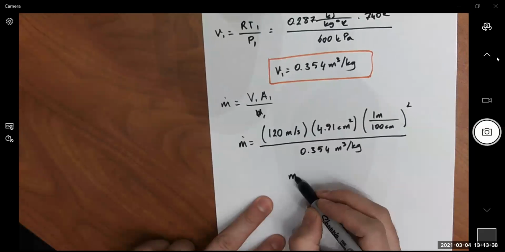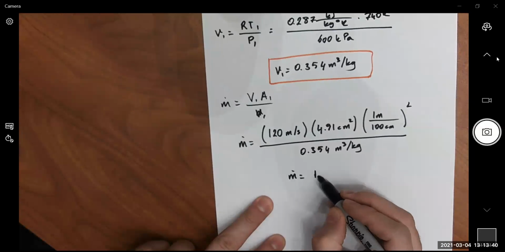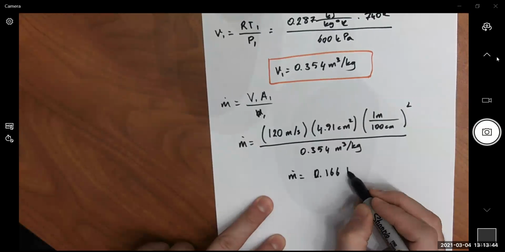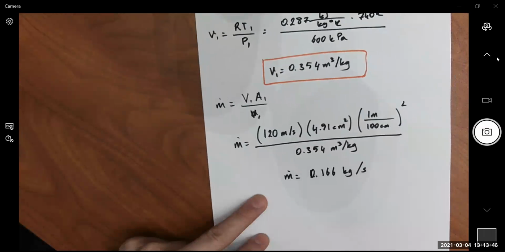Mass flow rate will be 0.166 kilograms per second.